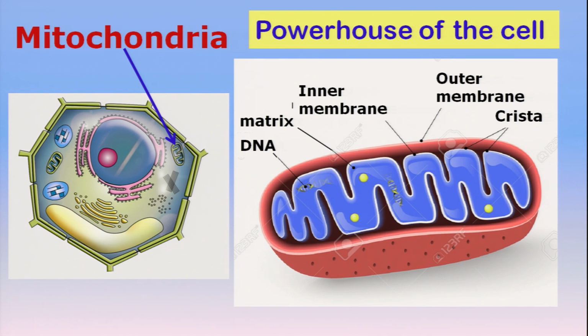And you see the inner membrane encloses a cavity that is filled with matrix. It's a gel-like substance, gel-like fluid. It is called matrix. And what does this matrix contain? This matrix contains ribosomes and circular DNA and respiratory enzymes. And we will see now the function of mitochondria.